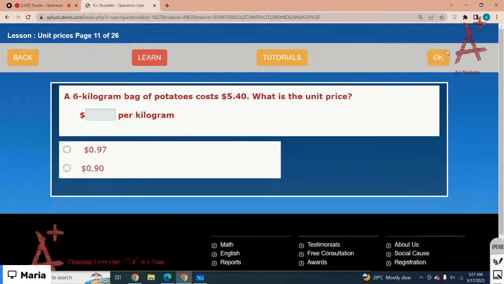Okay, a 6 kilogram bag of potatoes costs $5.40. What is the unit price? You have to divide 5.40 by 6. It would be $0.90. Got it?